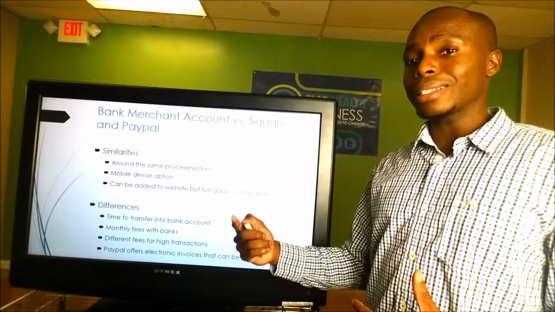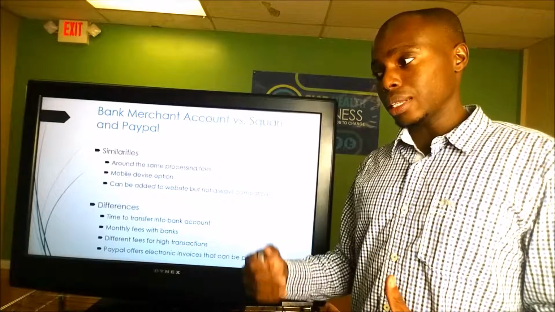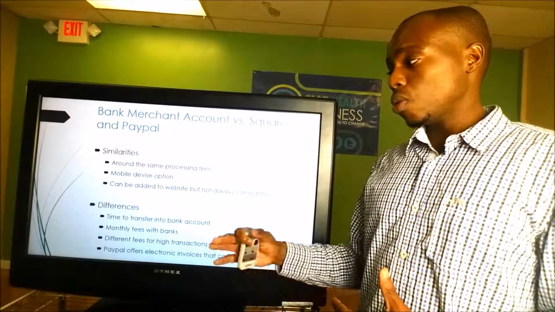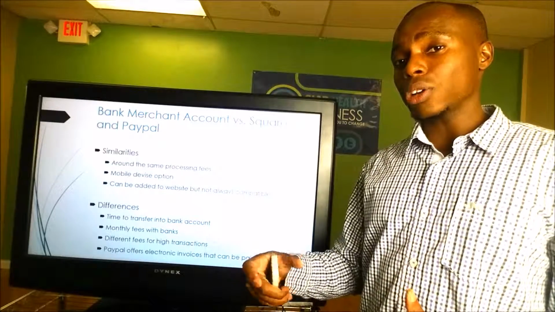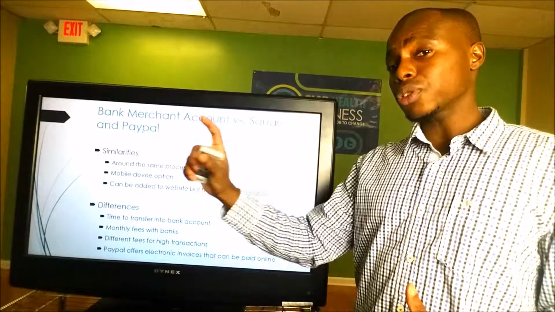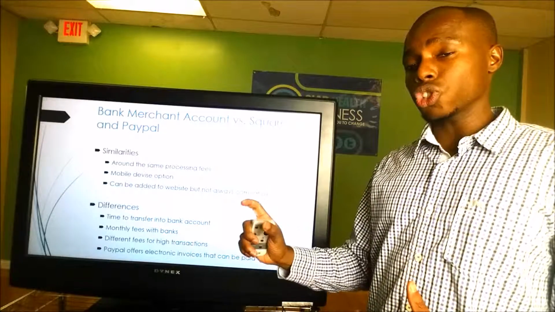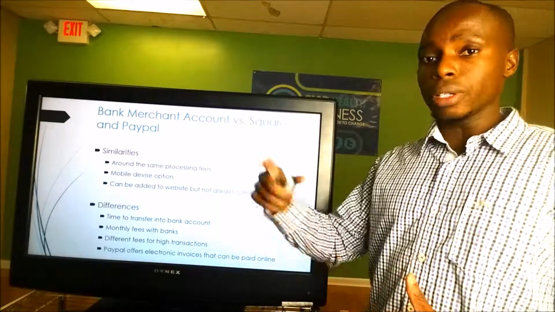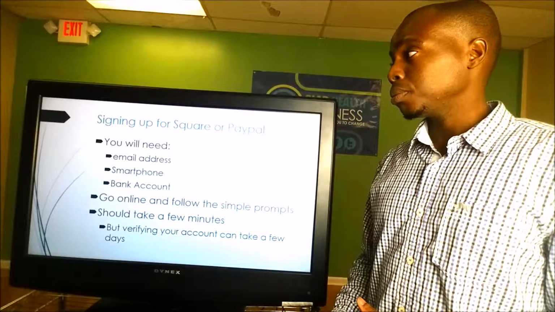And now PayPal has an option where you can save it as a PDF and send it as an email attachment for those that need to print it out, or you can send an electronic invoice that allows the buyer to pay for the actual goods or service right on the invoice, or it'll take them to PayPal to finish up their transaction.